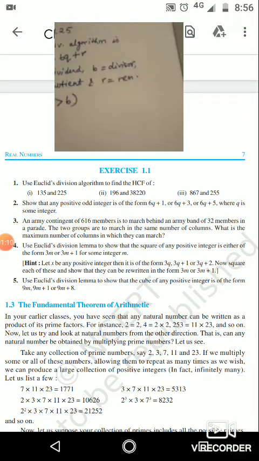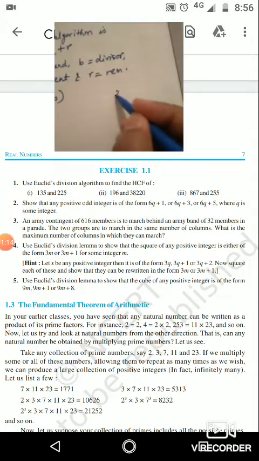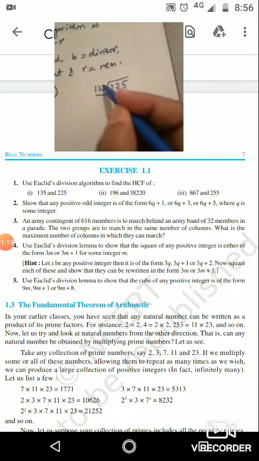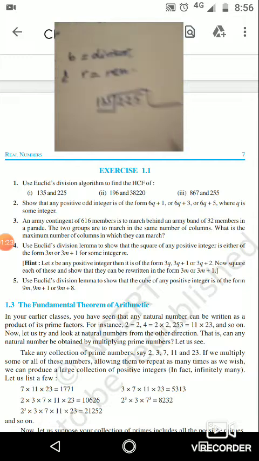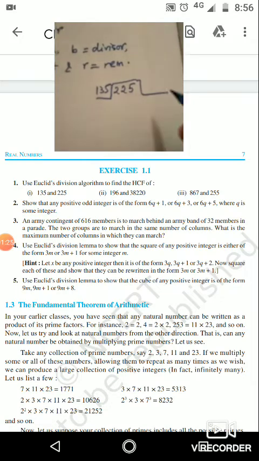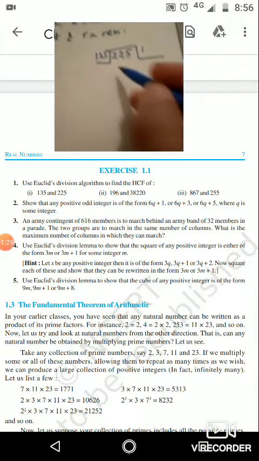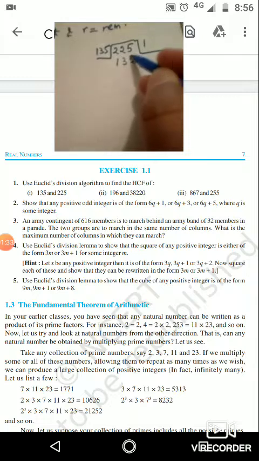So first I am dividing the greater number 225 by the smaller number 135. When we divide 225 by 135, the quotient is 1, and 135 1s are 135.